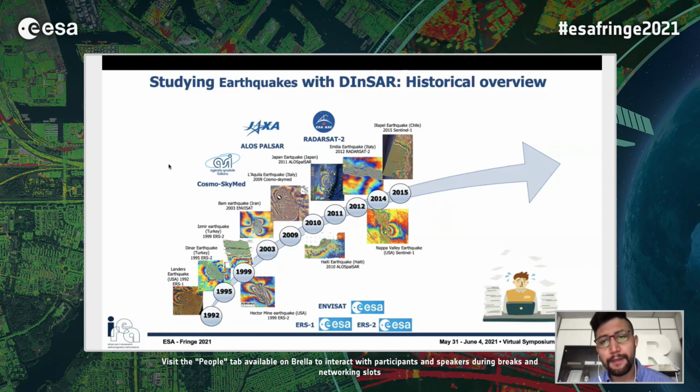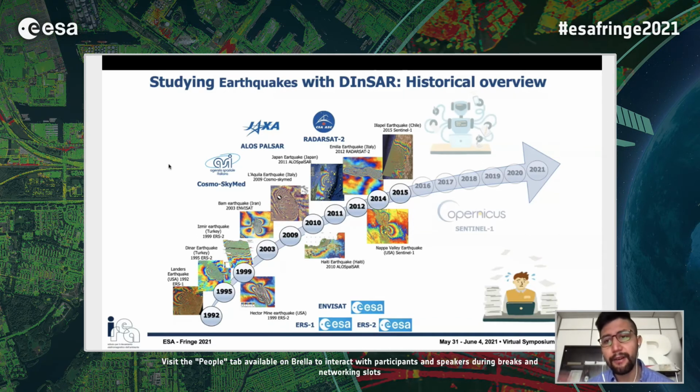But until 2015, all these interferograms were generated in another way, using different software programs for processing the images and generating the results. But after 2015, we live in a new generation of interferogram processing.